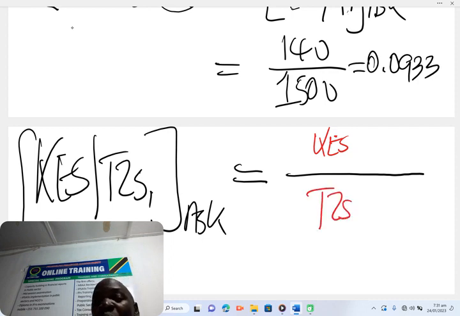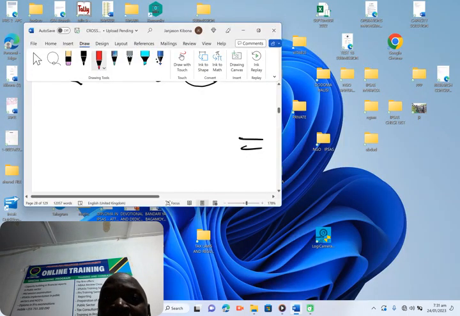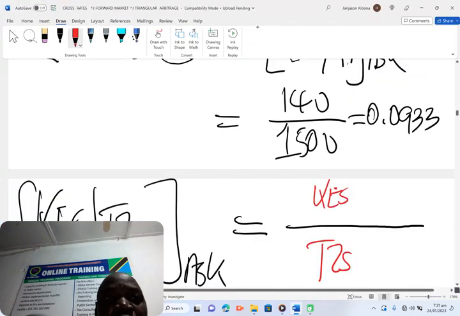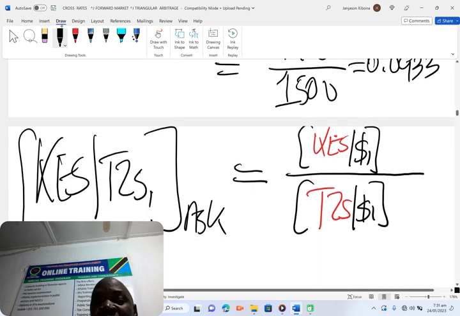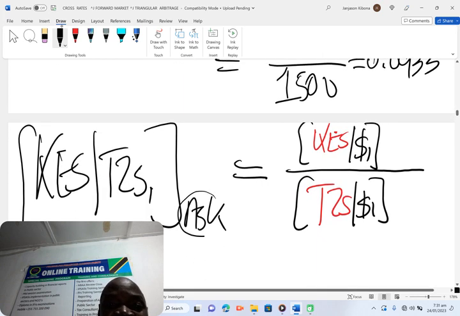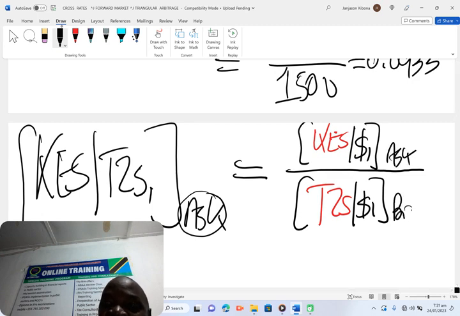What's the common currency? It is the dollar. So, per dollar, per dollar. Then, you start again putting these brackets here. Now, look here. This is ask, so you write ask over bid.